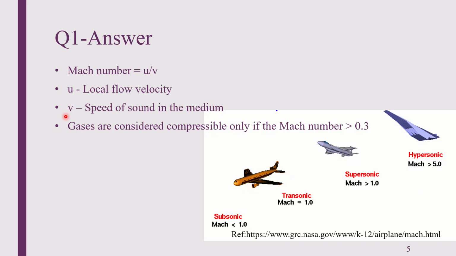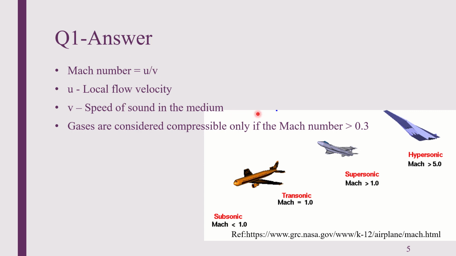Mach number is the ratio of the local flow velocity to the speed of sound in that medium. Based on this number, we classify the flow as compressible or incompressible.